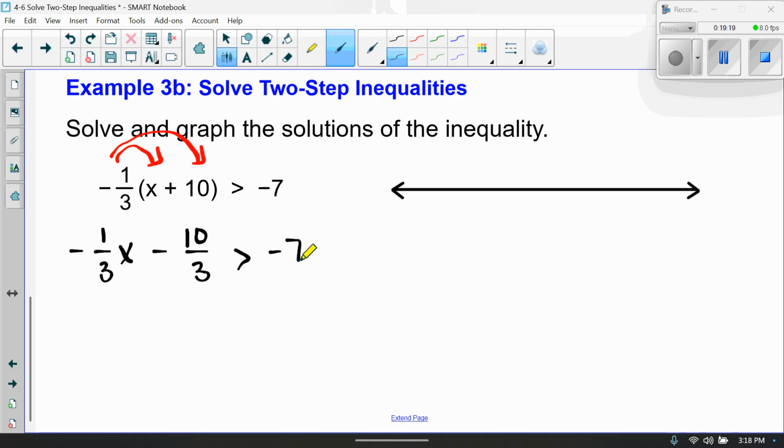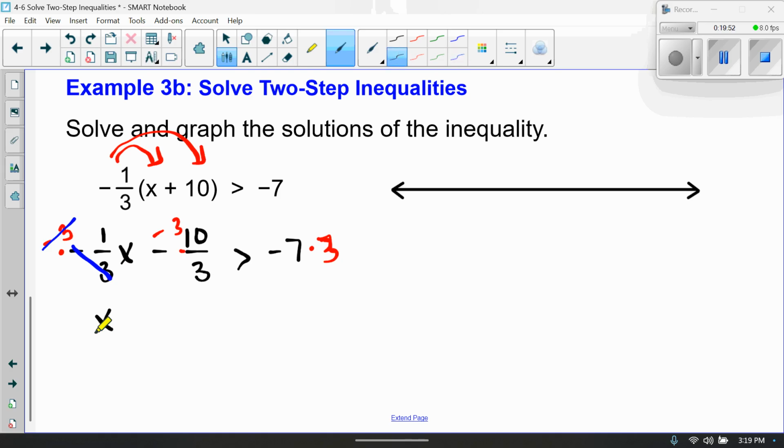Now, what am I going to multiply to get rid of my fractions? Just 3? Negative 3, because I want it to be a positive x, right? So we're going to multiply this times negative 3. We're going to multiply this times negative 3. And we're going to multiply this times negative 3. Okay? So here, that negative 3 and this negative 3 cancel to 1.